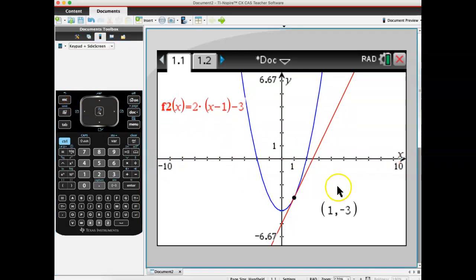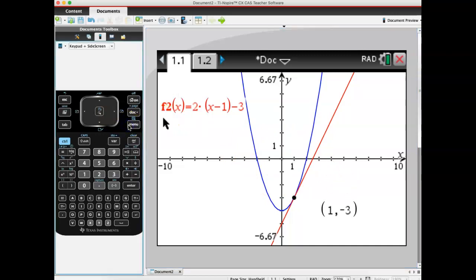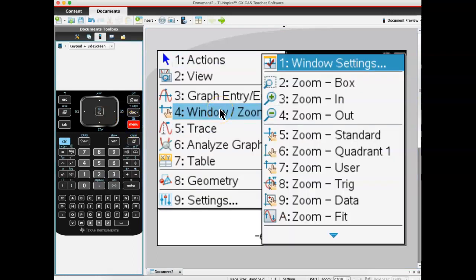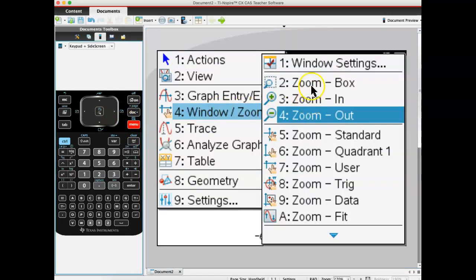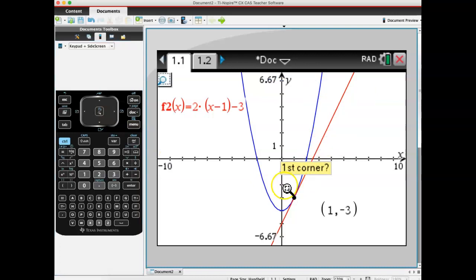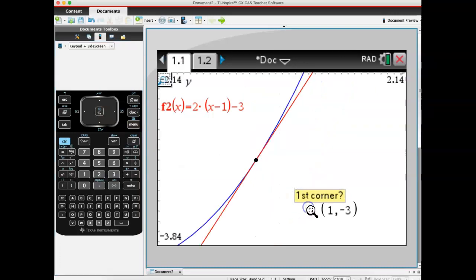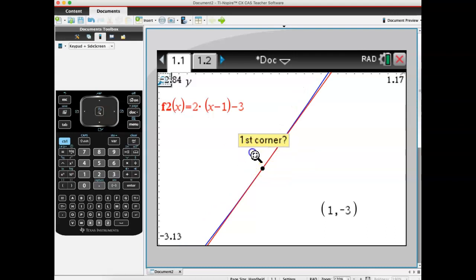So what's the whole point of this? The whole point is these are going to be used down the road. Now watch what happens as I am zooming in around this point. I'm going to continue to zoom in closer. And what's happening?